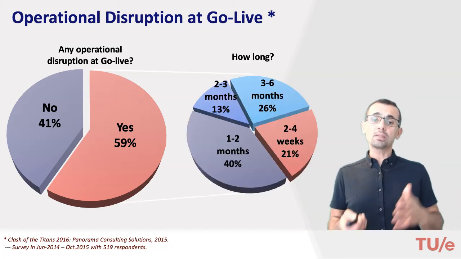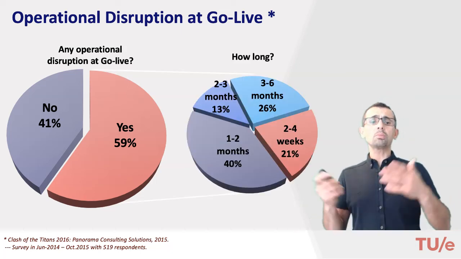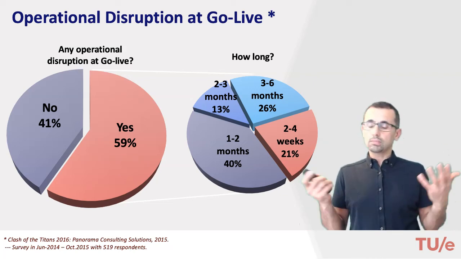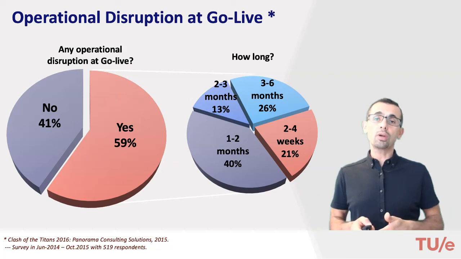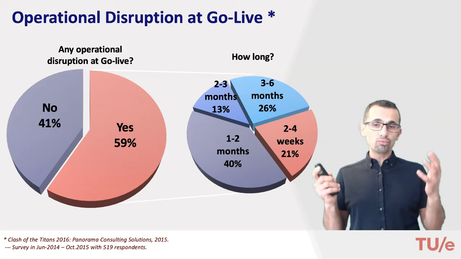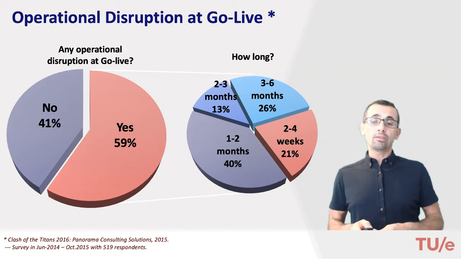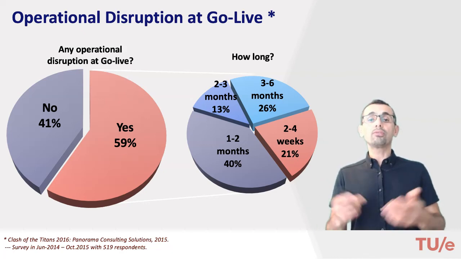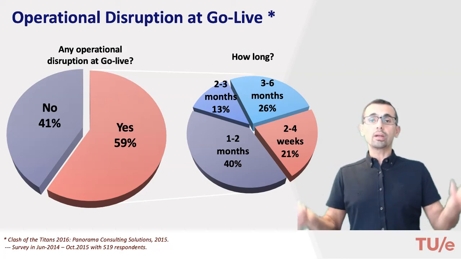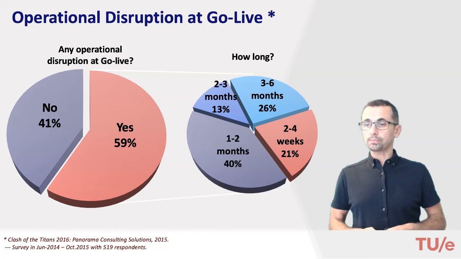Some of these lasted about 2 weeks, but some lasted even as long as six months, and 6 months of operational disruptions due to bad transition planning and execution should really be very annoying for the users of these systems, for the customers, and obviously for the entire organization as a whole.